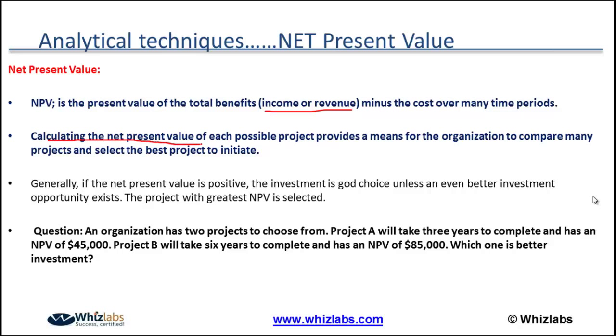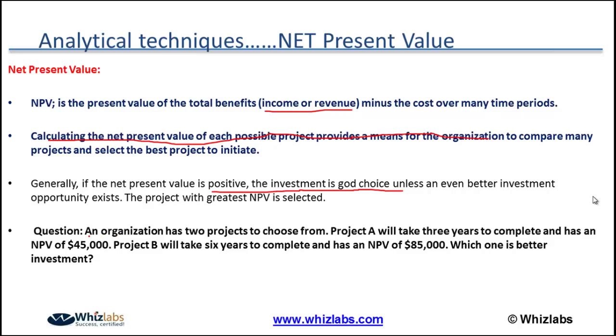Calculating the net present value of each possible project provides a means for the organization to select the best project to initiate. If the net present value of a project is higher, then that project will be selected. Generally, if net present value is positive, the investment is a good choice, unless even better investment opportunities exist.